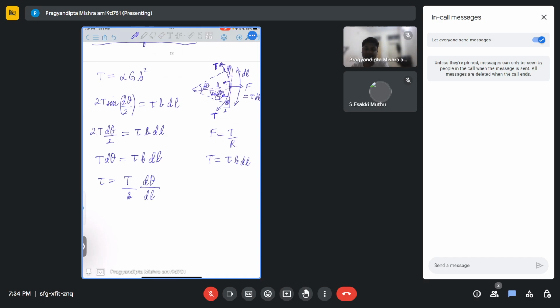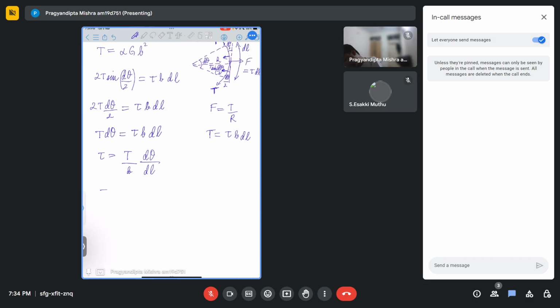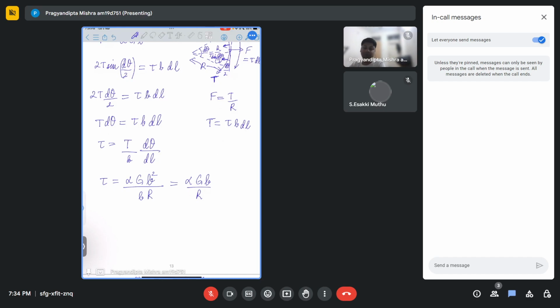So what we'll have finally is tau is equal to alpha G b square divided by b into R, or alpha G b by R. So R here is representing this R. I've already drawn it for you, the radius of the bowing. So this is my final expression for bowing.